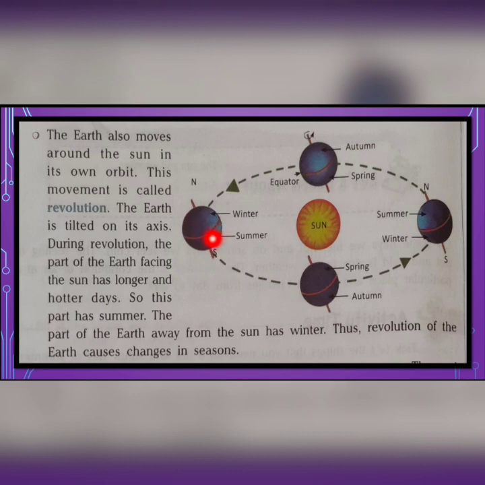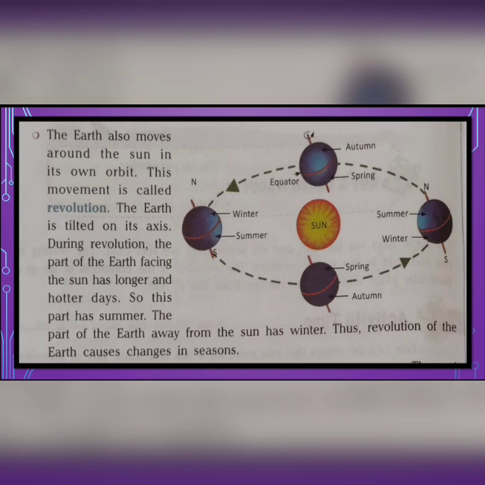This part of earth is facing the sun, so it has a hotter season, and this part is not facing the sun. As compared to this part, it is away, so it has winter, right? Then next here it is shown spring, autumn, winter, summer. Then spring, autumn, right? And there is one more season, which is monsoon season, that means the rainy season, right?